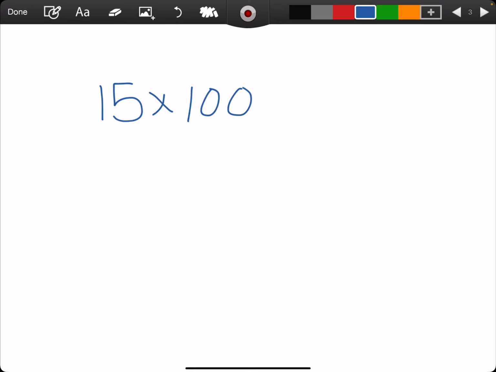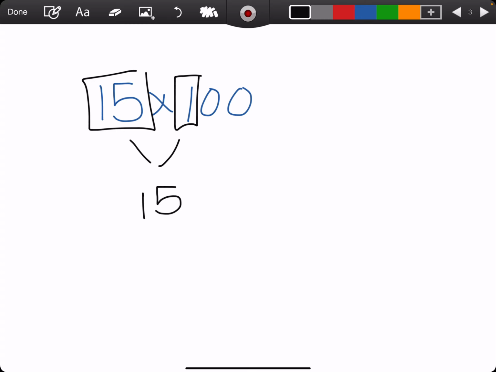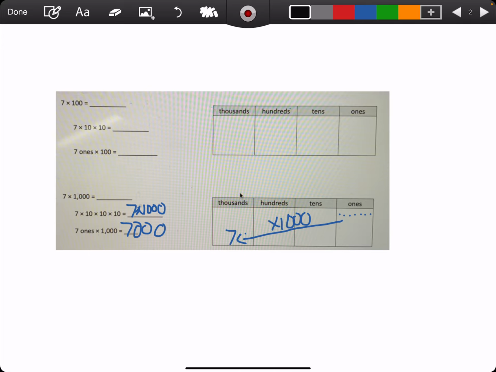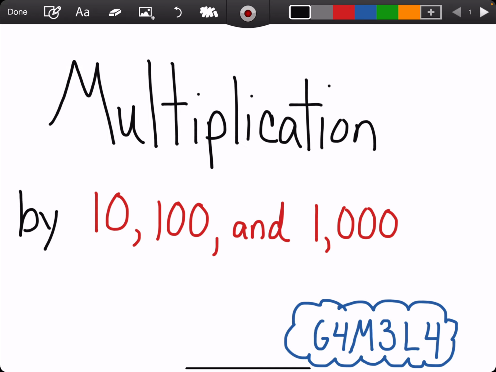Well, we know 15 times 1 is 15, and bring down our 2 zeros. That is how you would do it, and there is nothing wrong with that, but it's just getting a picture in your mind of why you are able to bring down those 2 zeros. What does that mean? Just add 1 zero if you're multiplying by 10. Add 2 zeros or add 3 zeros. So hopefully this video helped you out.